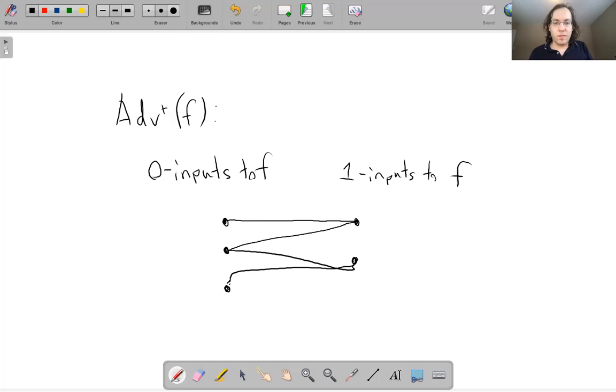So we will have something like this. We will basically put a bipartite graph here between the 0 inputs and the 1 inputs. You get to choose any set of 0 inputs and any set of 1 inputs, and choose the graph however you like as well.